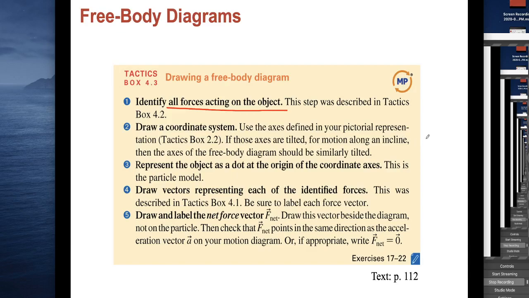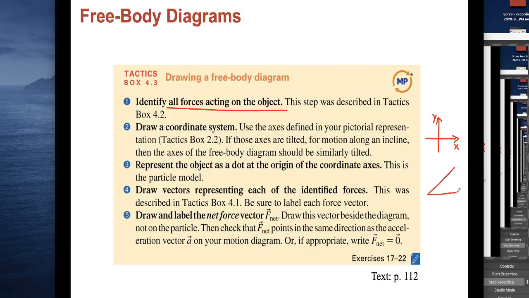Second, draw a coordinate system. Usually the coordinate system is x and y coordinates in two-dimensional situations. Horizontal is x, vertically you put a y label. But remember, sometimes you need to use tilted coordinates.